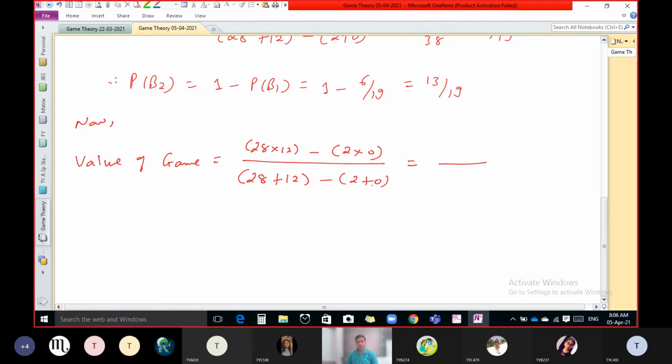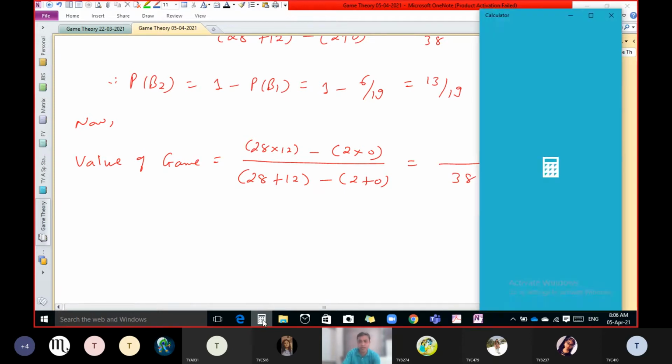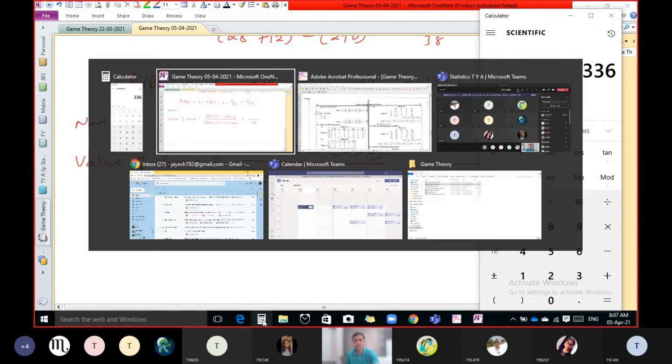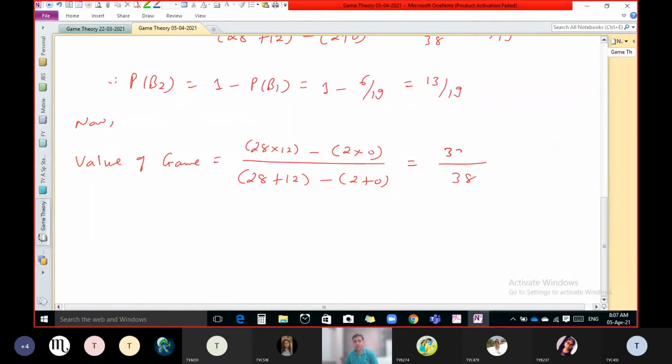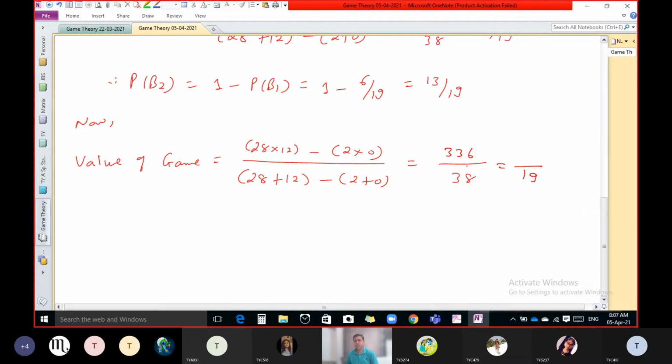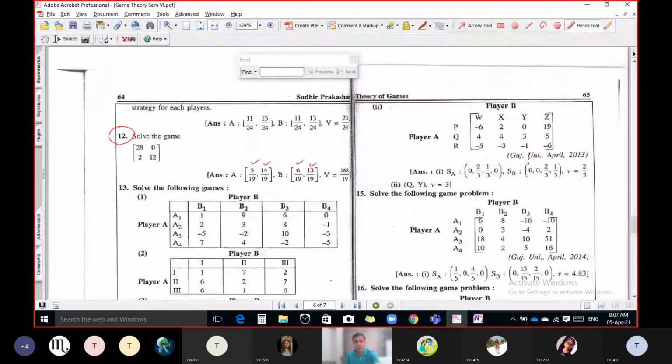This is 40 minus 2, 38 remains as it is, and here multiply 28 with 12, so we get 336. 336 minus 2 into 0 is 0, so we only get 336. Now this also you can divide by 2, so we get 168 over 19. So 168 divided by 19 is the value of game, and that is the end of this question.